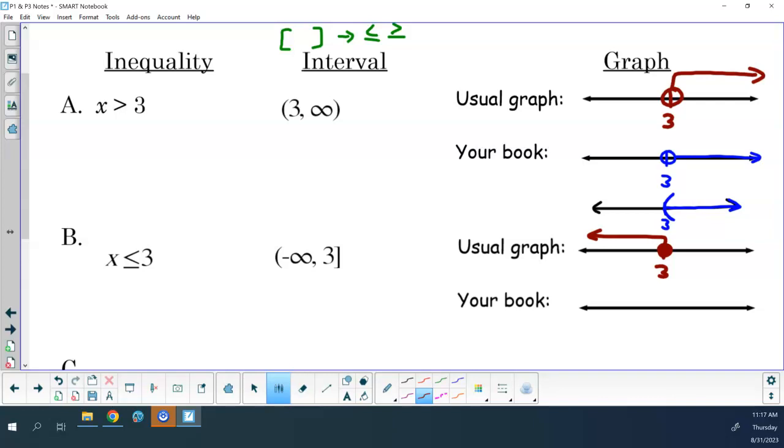The textbook or other people might actually have a bracket there going that way.